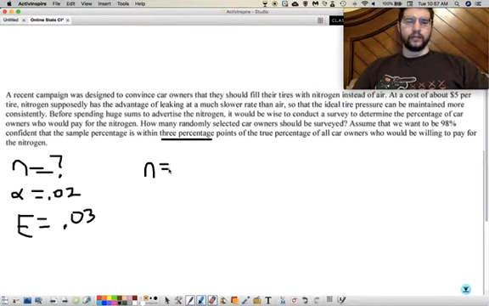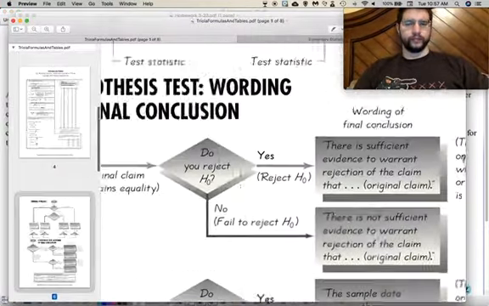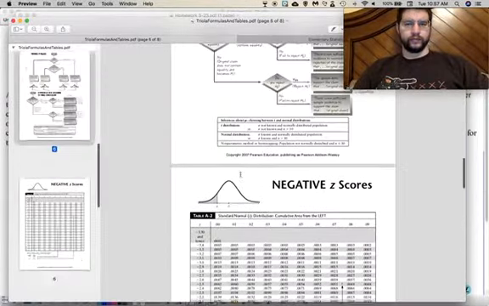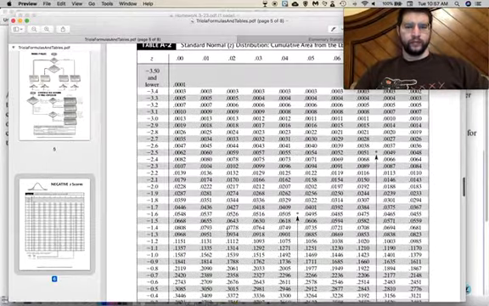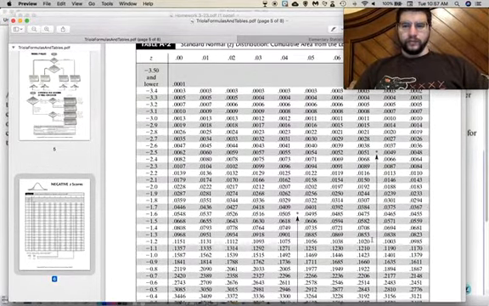I need to get my z alpha over 2, don't I? Alpha is 0.02, half of that's 0.01. Where are you? It's in here.